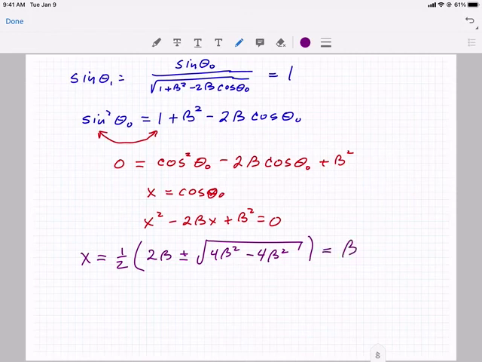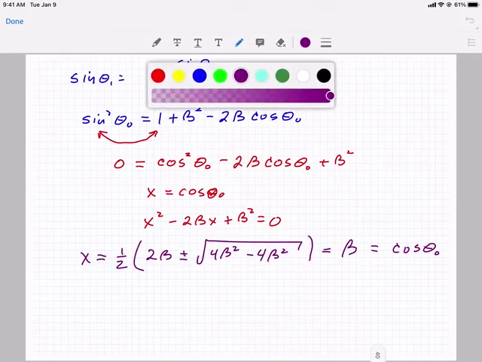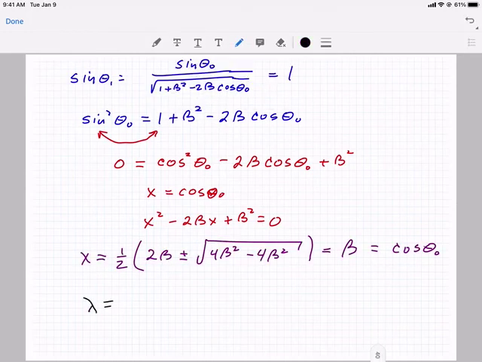Okay. And so it means that this is going to be equal to cosine theta naught. So cosine theta naught equals beta. So a very simple expression for cosine of theta naught. Plugging that now into the formula for the Doppler effect, I have that lambda is equal to lambda naught, and then I have a 1 minus beta cosine theta, but that's going to be beta squared, and then divided by the square root of 1 minus beta squared.